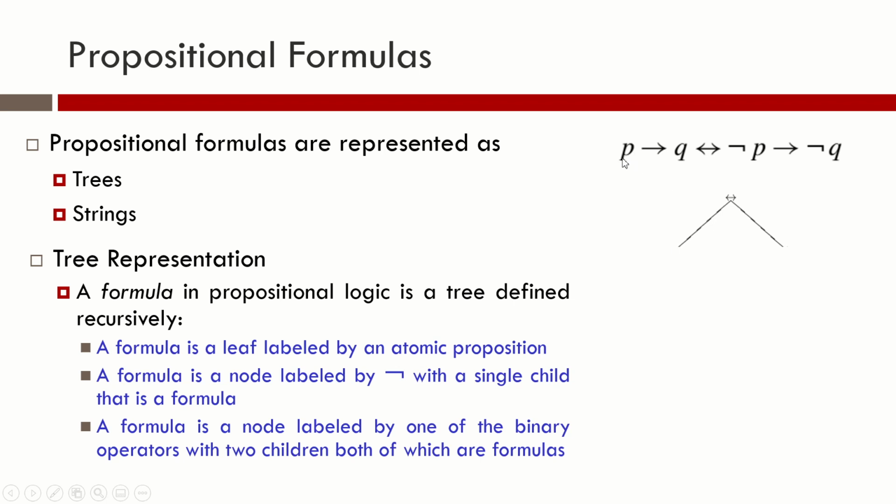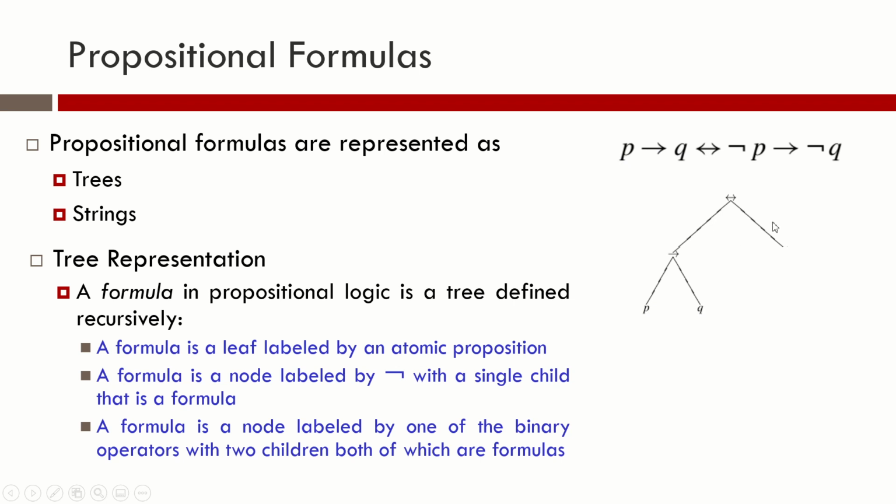The two children will be the atoms P and Q, and these form the leaves of the tree. The two children are labeled with its operands, which are atoms. So using atoms we label the leaves of the tree.